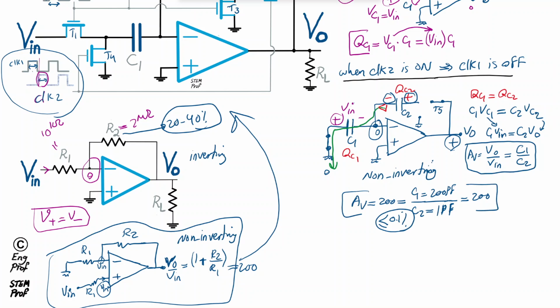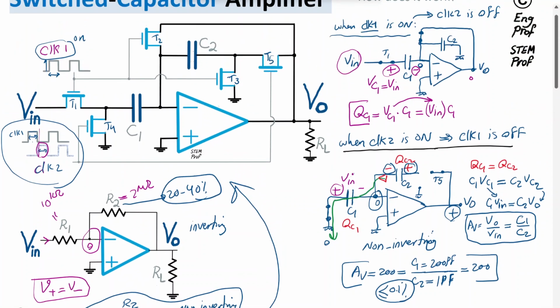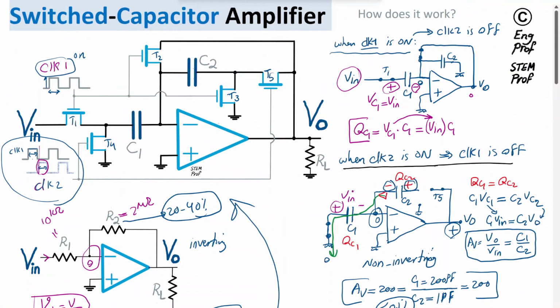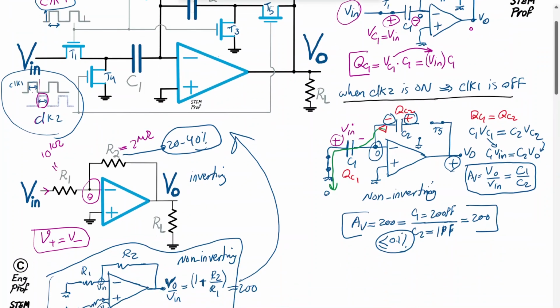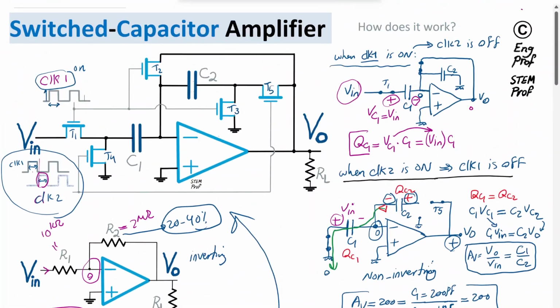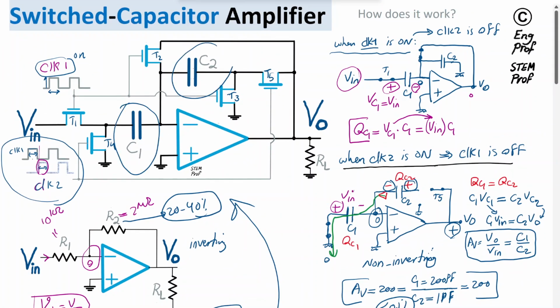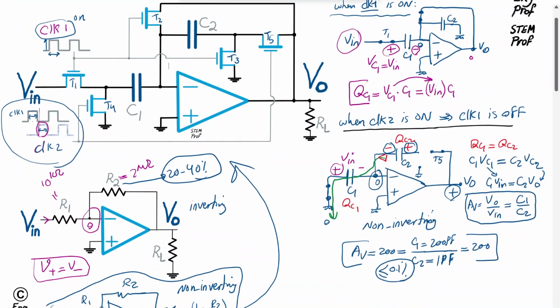So it's a very capable, stable amplifier as long as the design is proper and clocks are properly applied, which will come with its own nuances, of course. So I just wanted to say that the ratio of C1 over C2 in this circuit, if done right, just defines the non-inverting gain or positive gain.